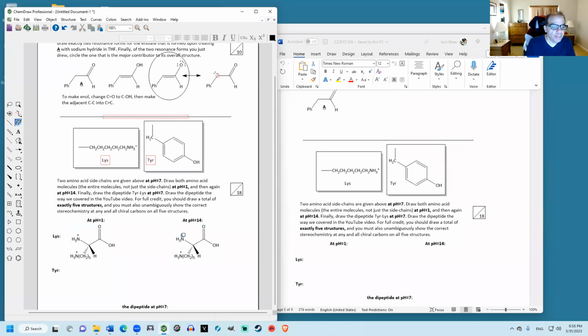At pH 14, it's not so. The amino group is the free amine, or the amine free base. Same thing on the side chain.